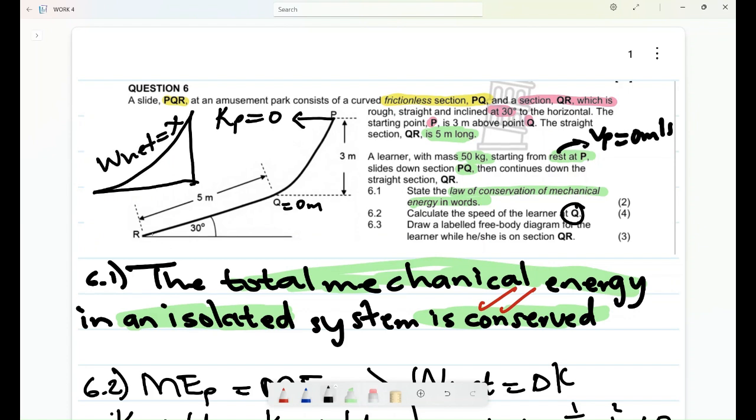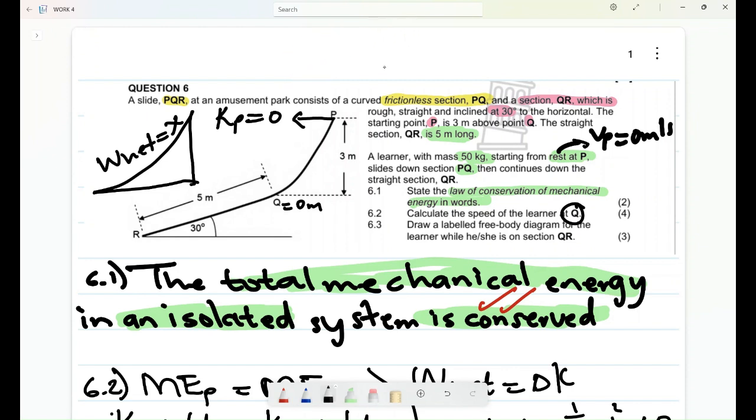Do not use WNet where you have a curved surface. Why? Because we cannot calculate the actual distance from this point to this point. If you were to calculate change in x, it won't be straight. So you see there is some ambiguity there.